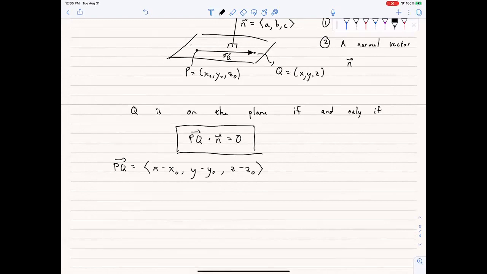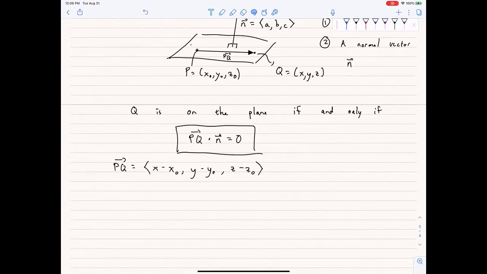And then when I look at this dot product, I could think of it as the dot product up on the upper right-hand corner of the screen. Maybe you just need to commute the dot product, so N dot PQ. Or I can write it out and see that I'll get something of the form below it.